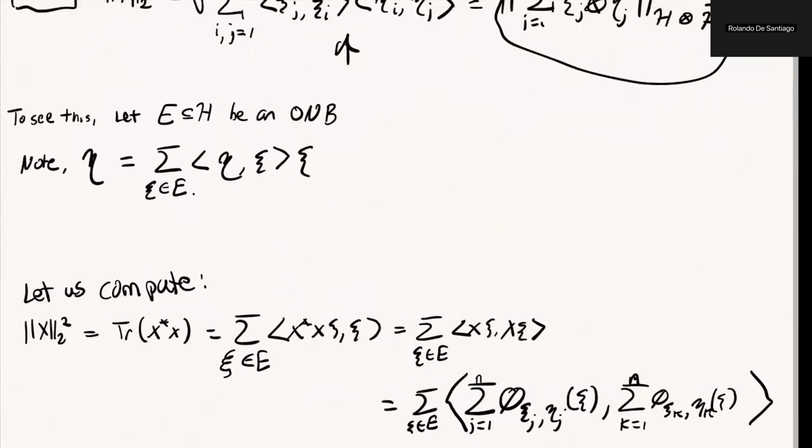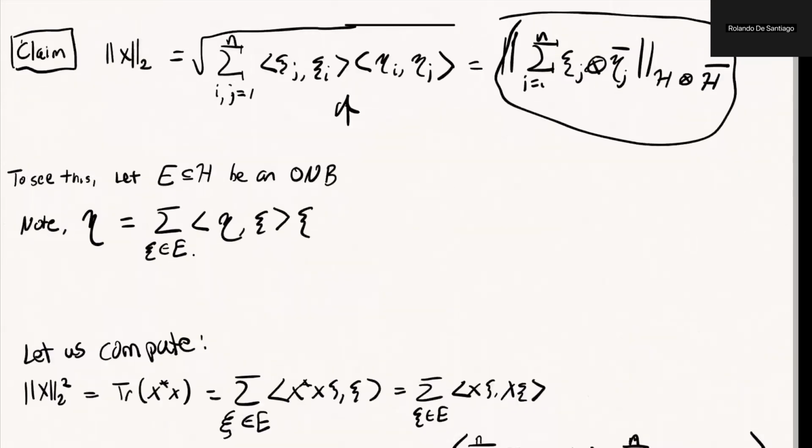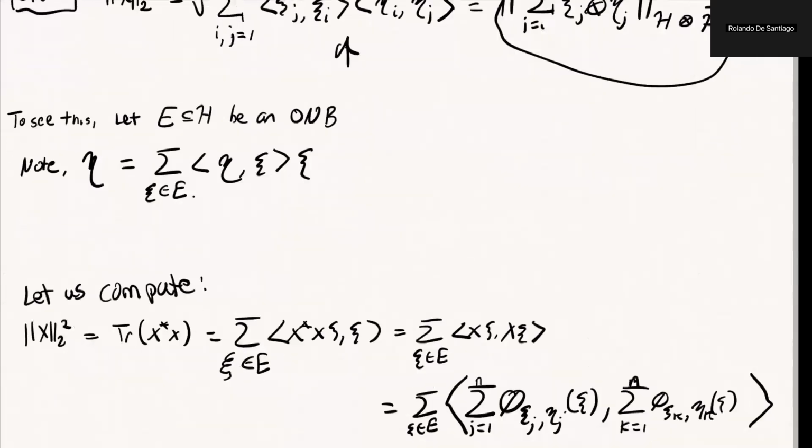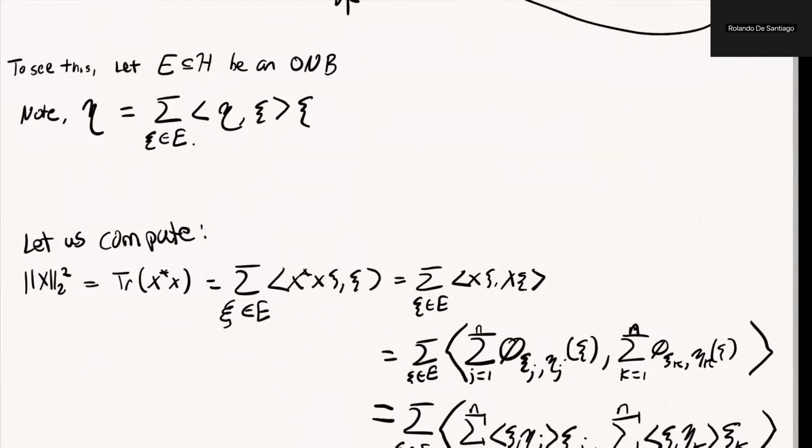I'm going to take a square root at the very end, so let's start by squaring everything because it makes the calculations nicer. So let's look at the 2 norm of x. By definition, squared, it's the trace of x star x, which is the sum over this basis. Now what we're going to do is take this x star x and shuffle the x star over to the other side. And now we have something a little more manageable.